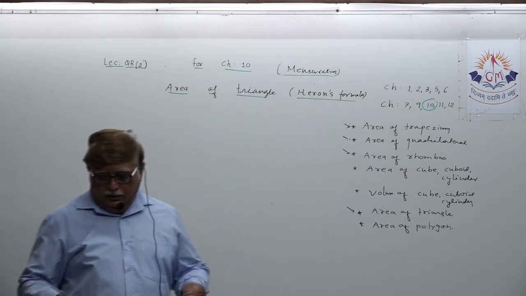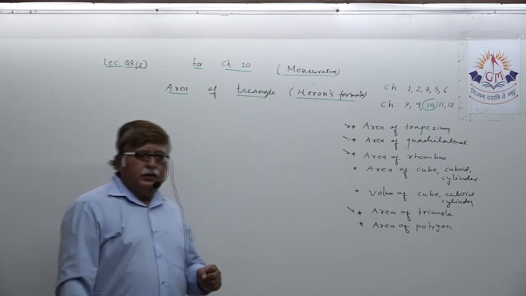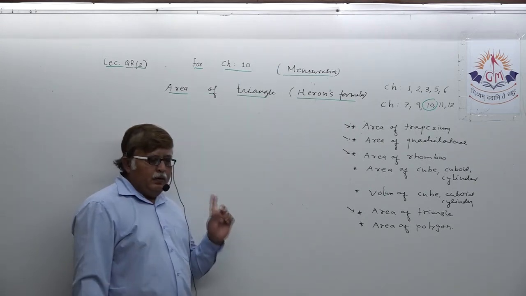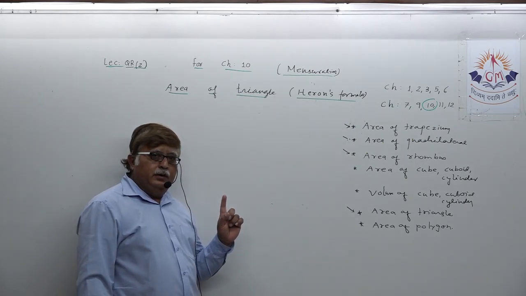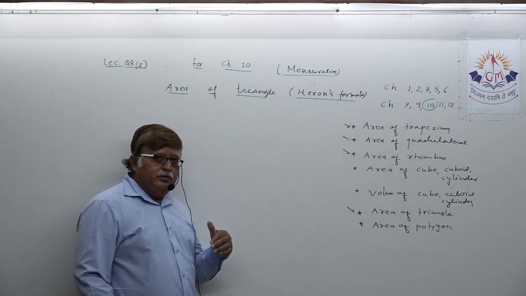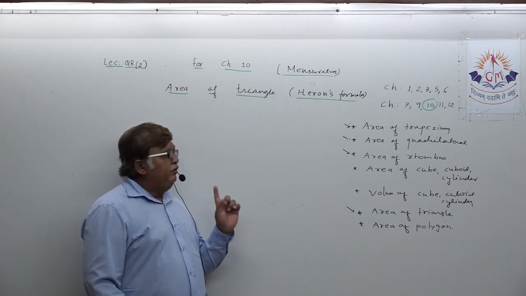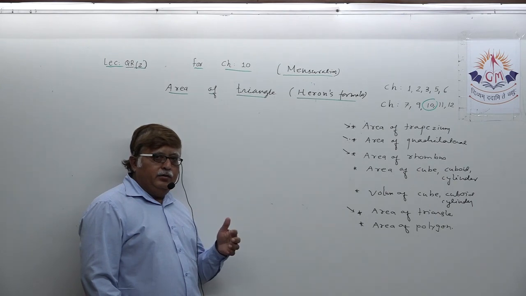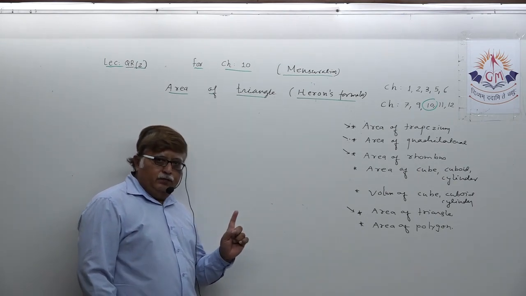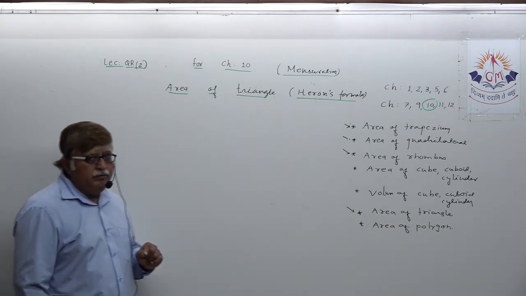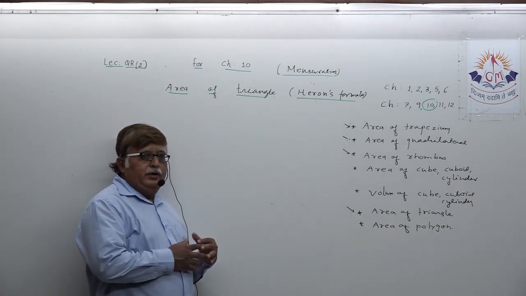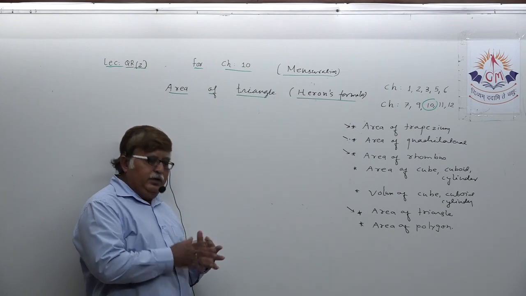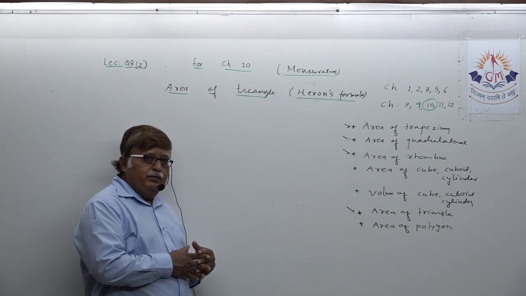Heron's formula is specifically designed to find area of any triangle, never to be specific. It doesn't mean that it applies only for right angle triangle, acute angle, or obtuse angle. You can apply Heron's formula to find the area of any triangle whatsoever.